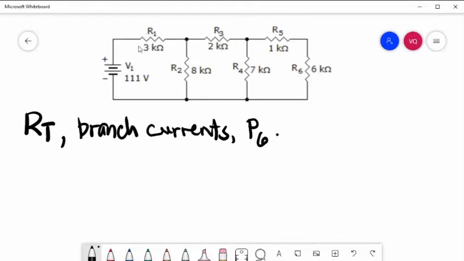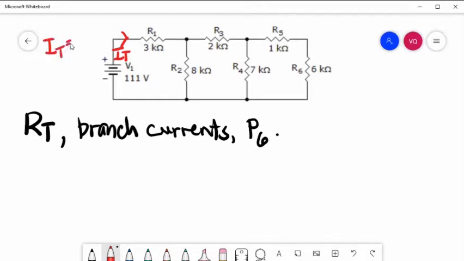First, we must label the circuit and the direction of the current. This is R1, which has a current of I1, but this branch is your total current, IT.